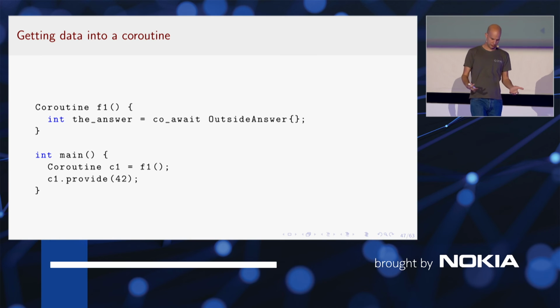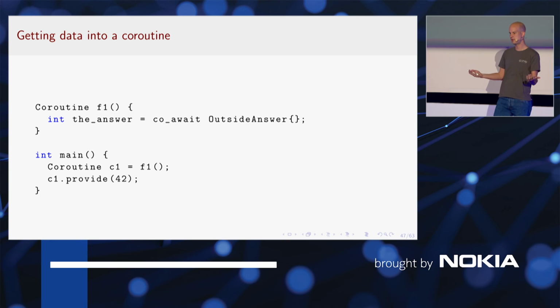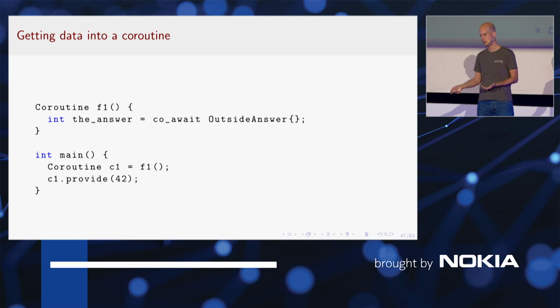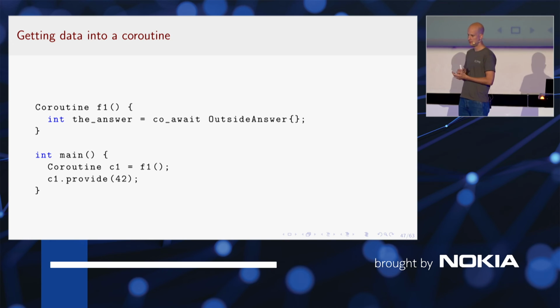So what I want to do is something like this. The coroutine starts executing. At some point, it's going to co_await for data that it needs to be supplied from the outside, right? So I co_await here on this outside answer, and what that means is I'm going to go to sleep now.